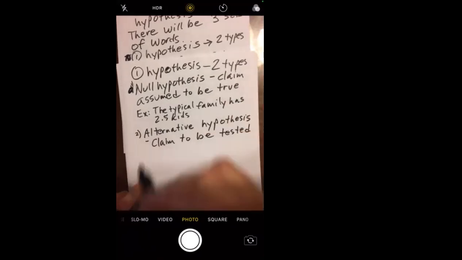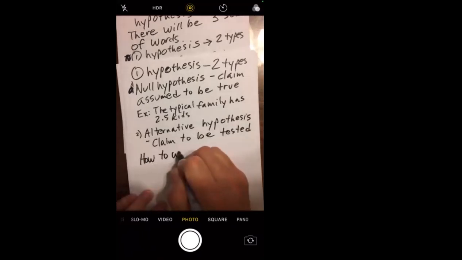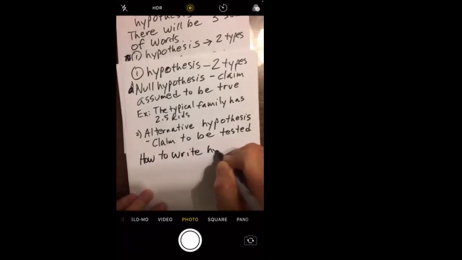The very first homework is going to be to write hypotheses.